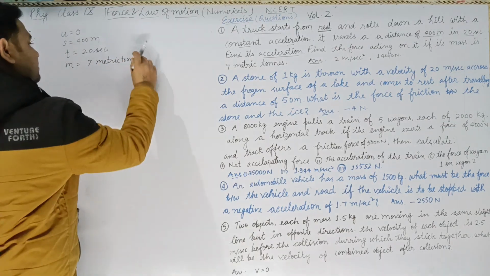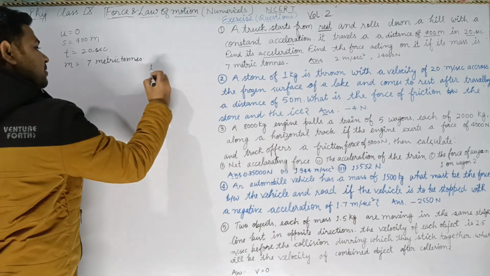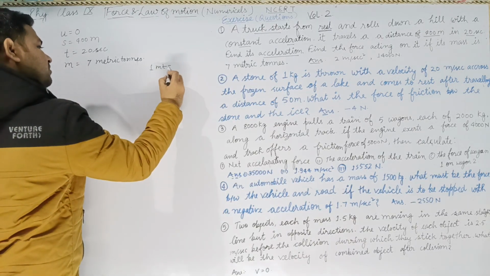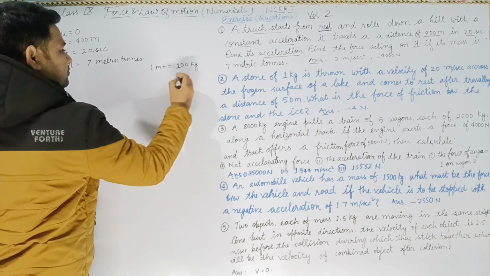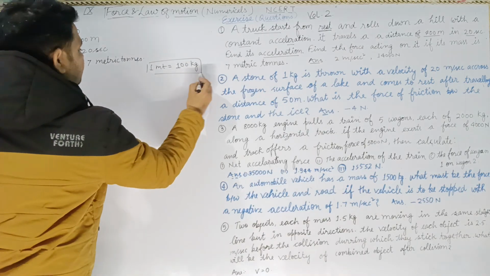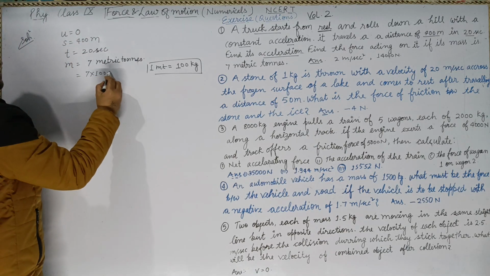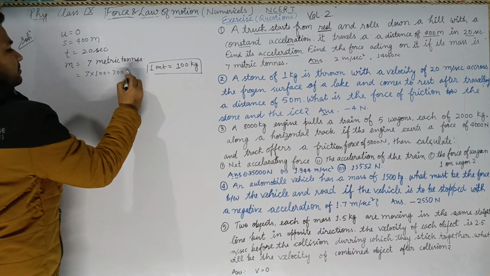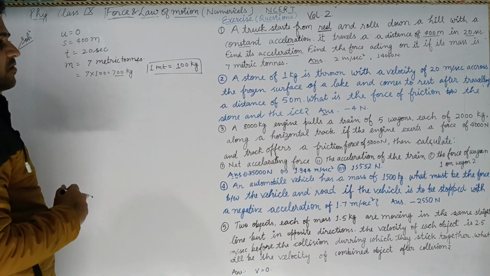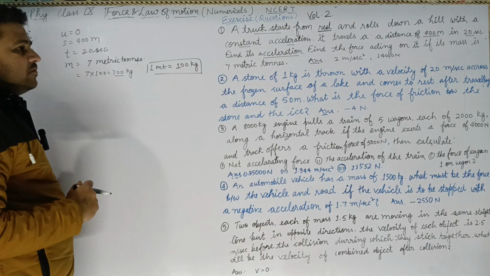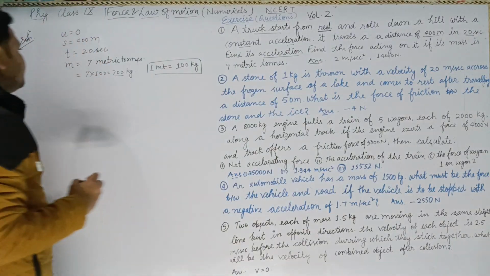We know that 1 metric ton is equal to 100 kilogram. Then 7 metric ton, 7 into 100 equal to 700 kilogram. Mass is 700 kilogram. We have to find its acceleration.